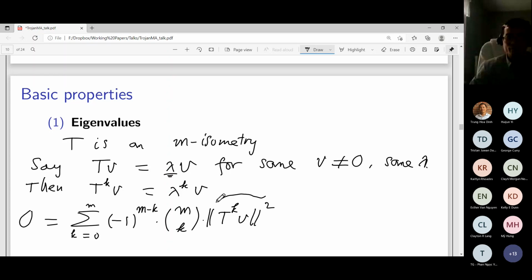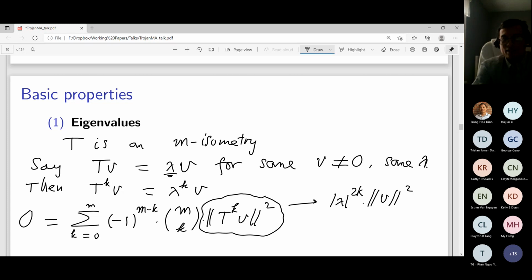But from the calculation, because V is an eigenvector, this just gives us absolute value of lambda to the 2k times the norm of V squared, right?